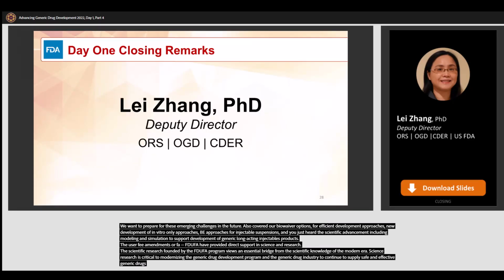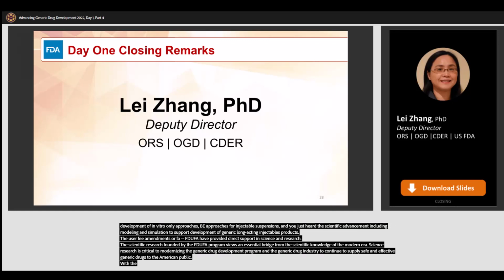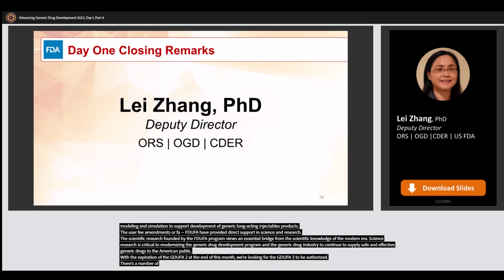With the expiration of GDUFA II at the end of this month, we're also looking forward to GDUFA III to be reauthorized. There are a number of enhancements for GDUFA III that are intended to further enhance efficiency, transparency, and gain more first cycle approvals.